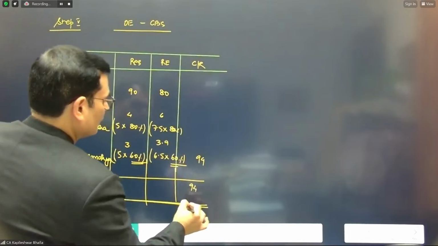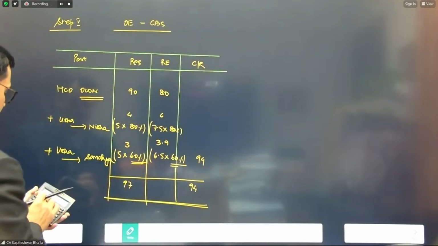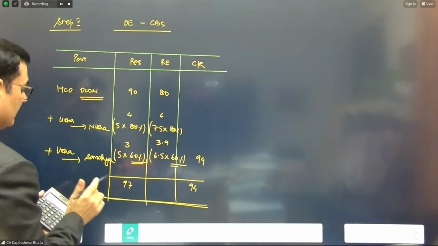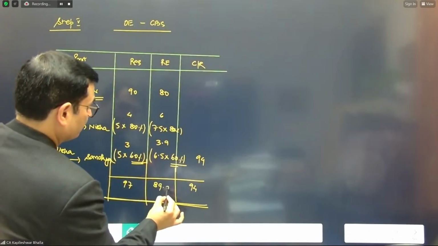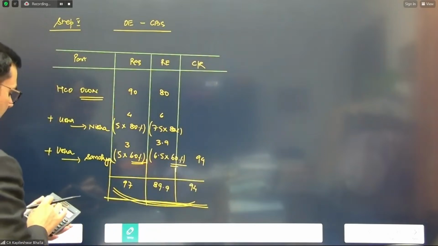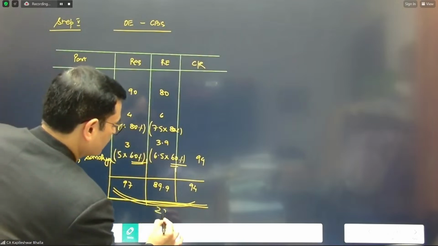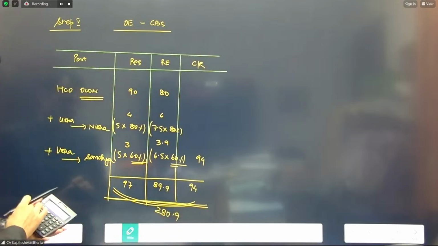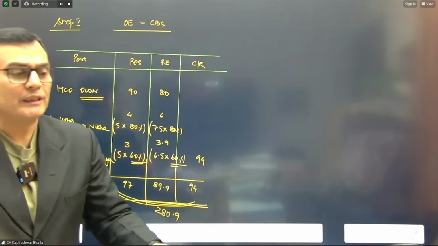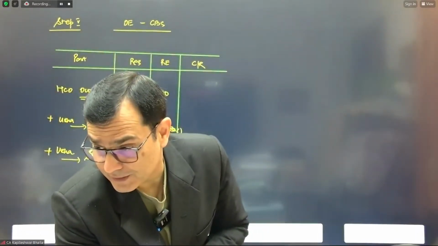So that's 94, and this is 97, and this is 86, and this 89.9. Let's add all this up: 97 plus 89.9 and 94. I think it works out at 280.9. That is the total equity. Wow. So that takes care of the equity in this case.